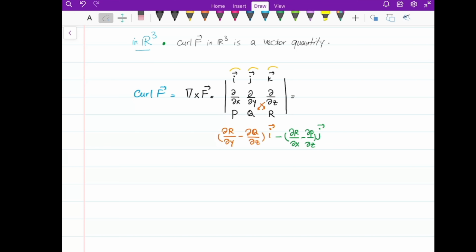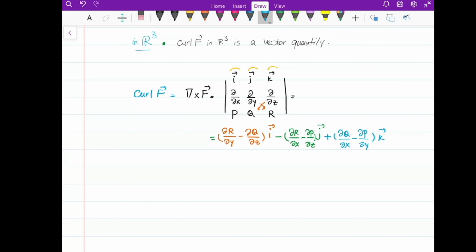And the last one would be plus k. For the k, I remove the first row and the third column. So it would be partial derivative of Q with respect to x minus partial derivative of P with respect to y, times k.